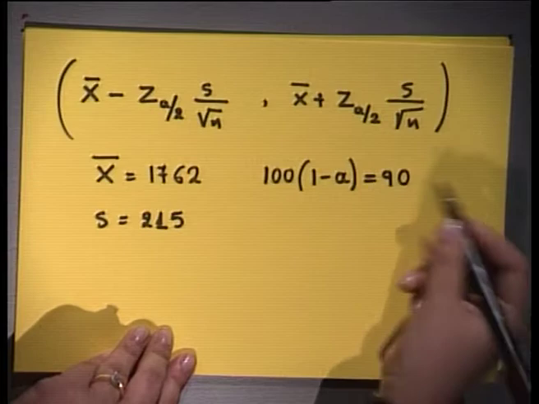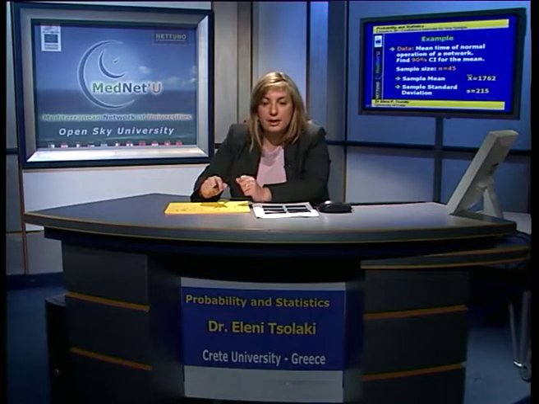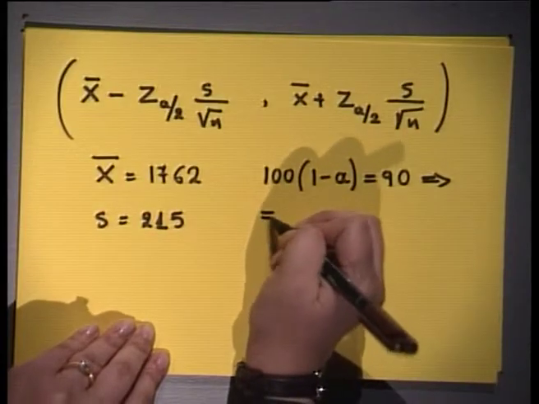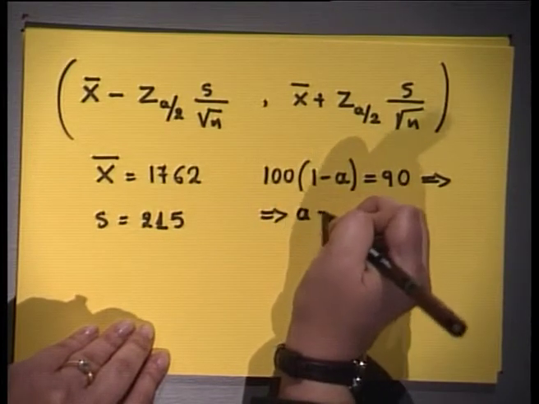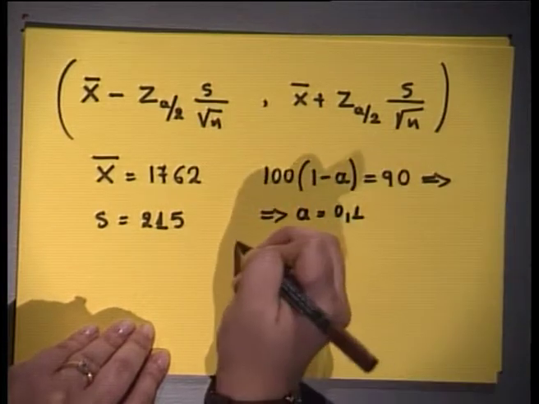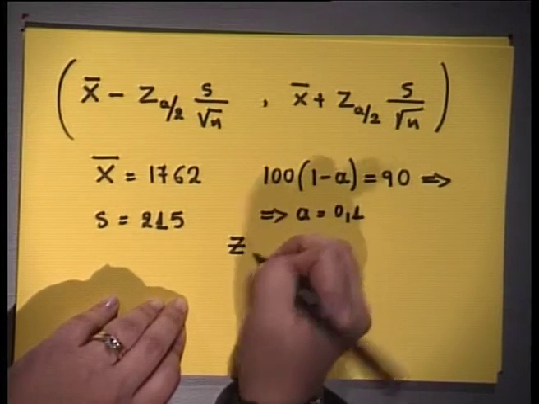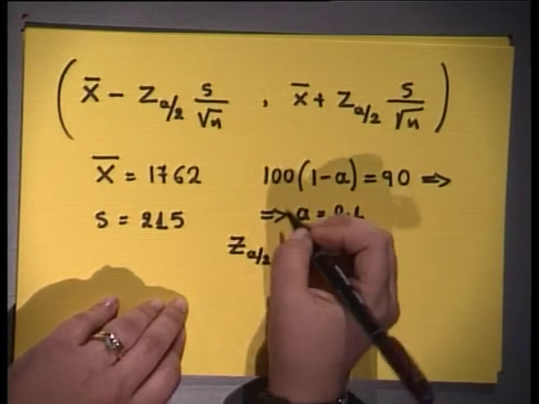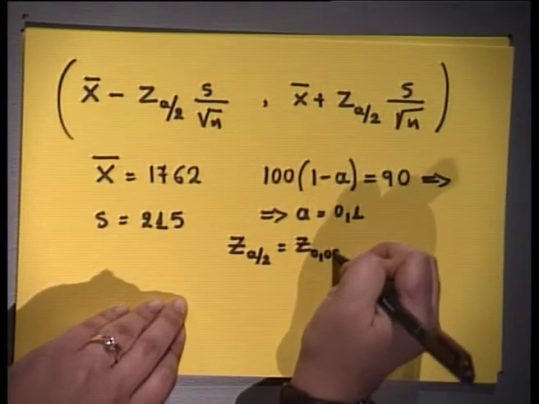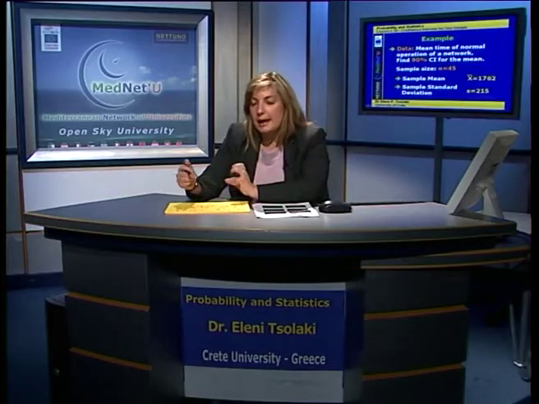Now we are asking for a 90% confidence interval. So doing the calculations here, we have that a is 0.1, and so we would be looking for Z, the value of Z, the point at 0.05 area.